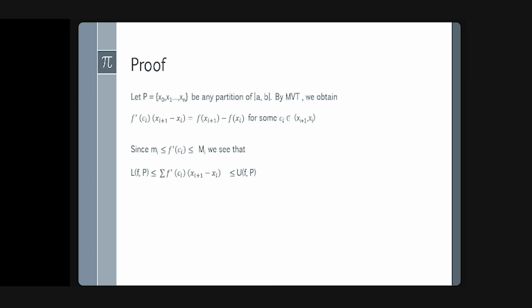And now, we have m_i less than or equal to f dash (c_i), since c_i is changing as per the interval, which is less than or equal to M_i, because we want to do the summation. So when we do the summation, we have L(f, P), the lower sum, which is less than or equal to the summation of this middle term, which is less than or equal to the upper sum.